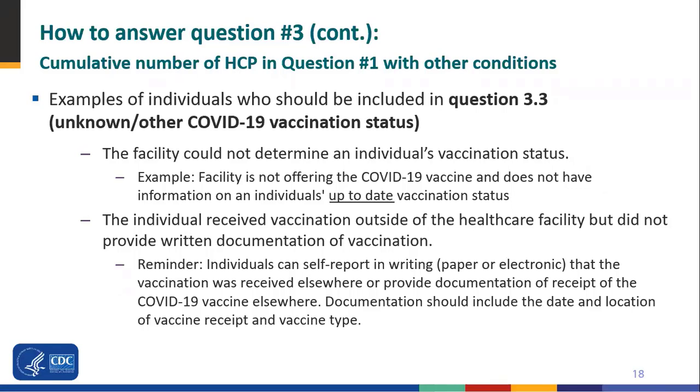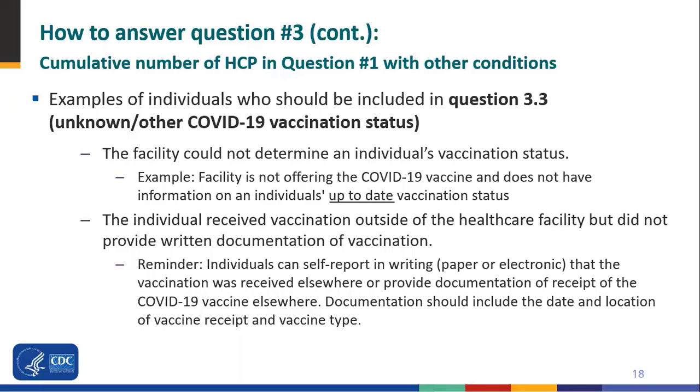So, for example, a facility is not offering the COVID-19 vaccine and does not have information on an individual's up-to-date status. Another example is if an individual received vaccination outside the facility but did not provide written documentation of vaccination.